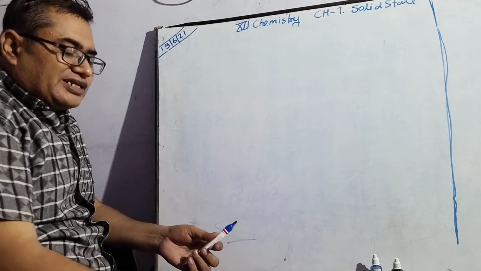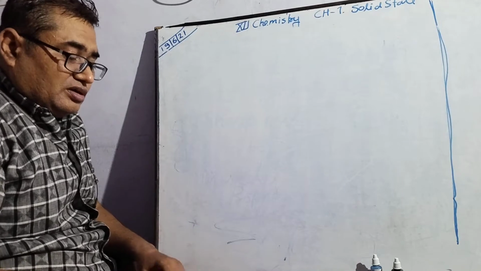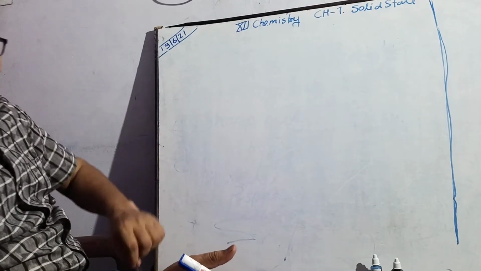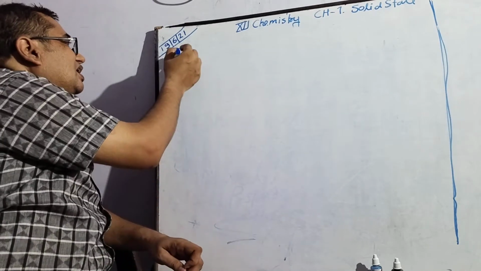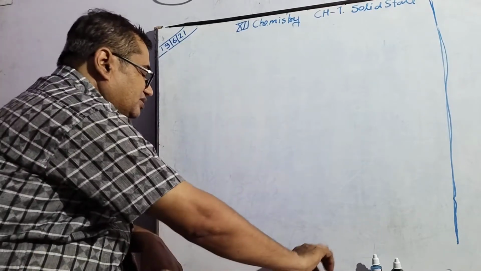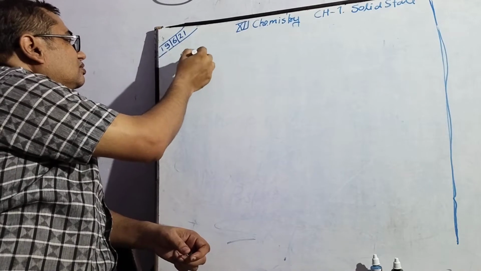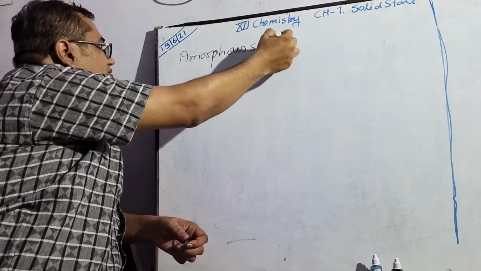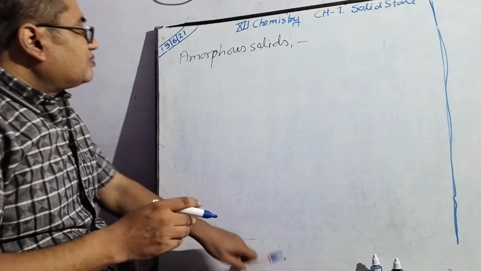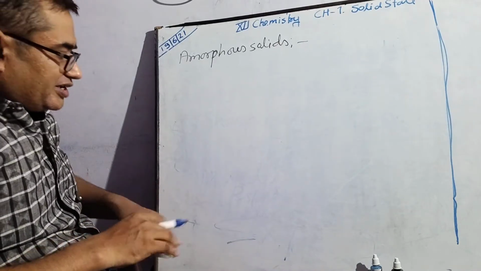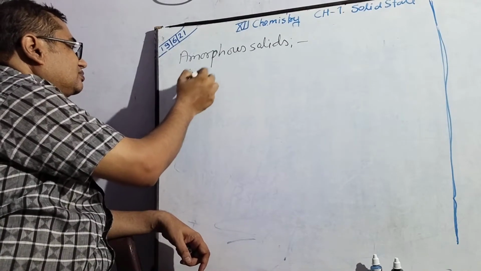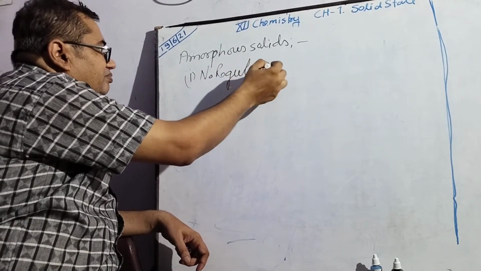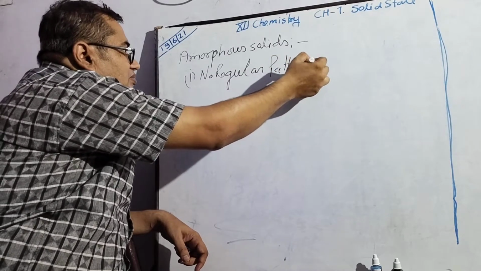Amorphous solids are solids in which no regular pattern of atoms, molecules or ions is present. In amorphous solids, no regular pattern is present.